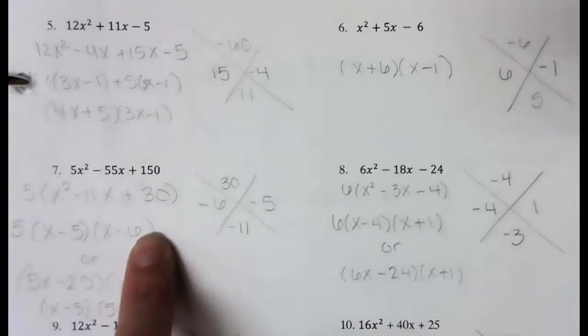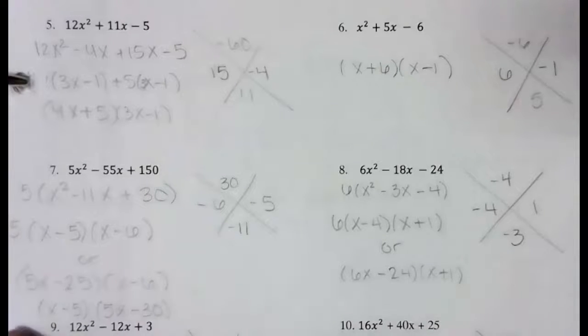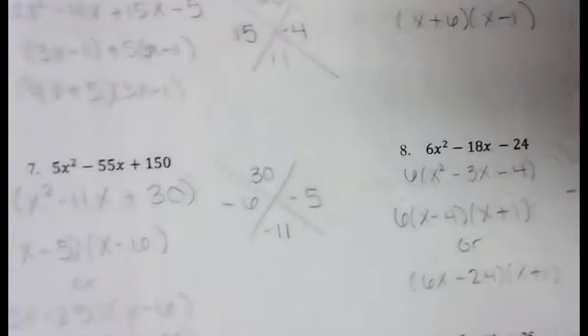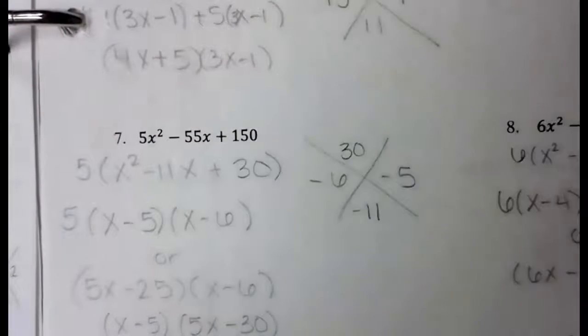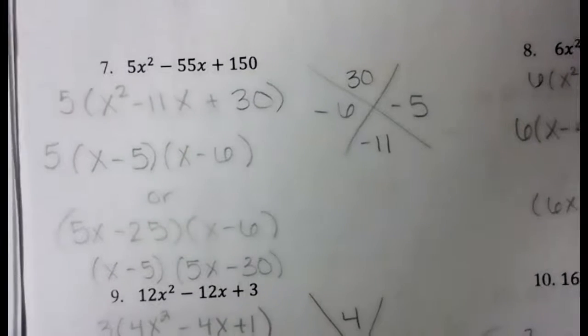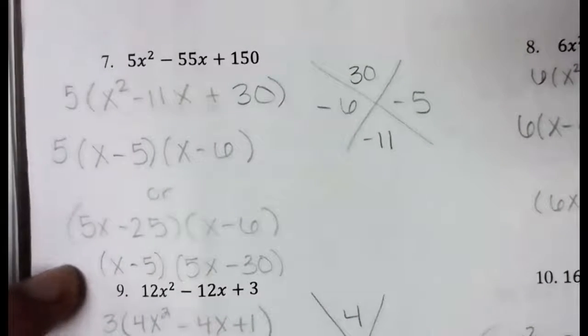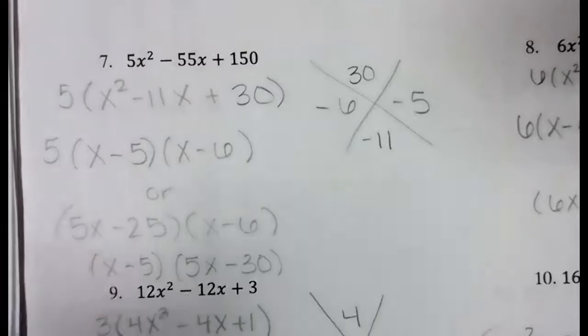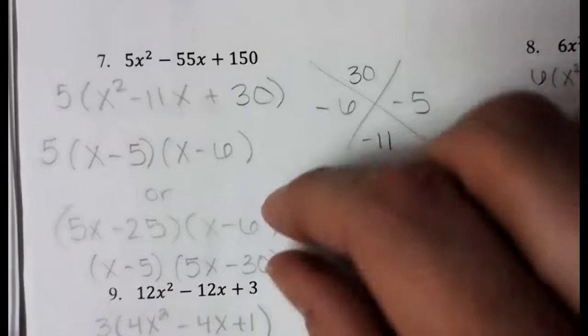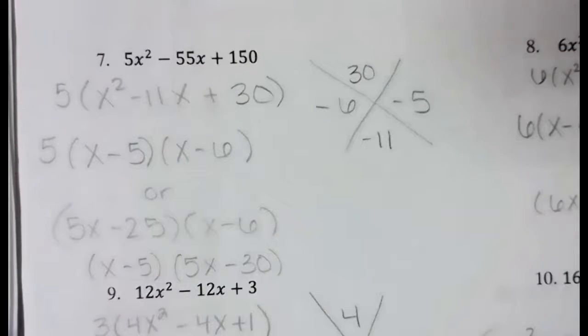This is probably the answer I would have gotten, but down here I have 2 alternative answers in case you missed that GCF. So in number 7, that's a case where you could have factored this 3 different ways, and all 3 ways are correct. These would just have the option to pull out a GCF.